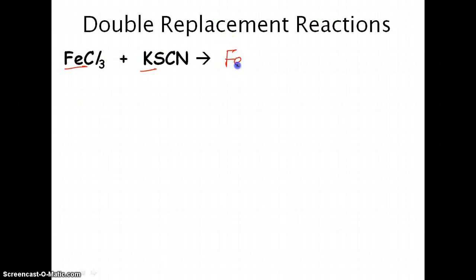So Fe is going to get the SCN, and K is going to get Cl. Now these are compounds, so we have to swap and drop. Fe's charge is 3, as you can see from that 3 that got dropped down there.